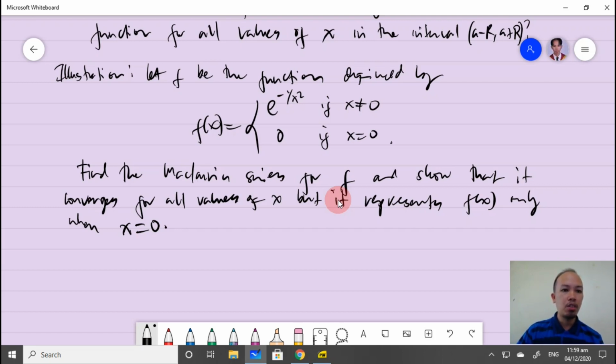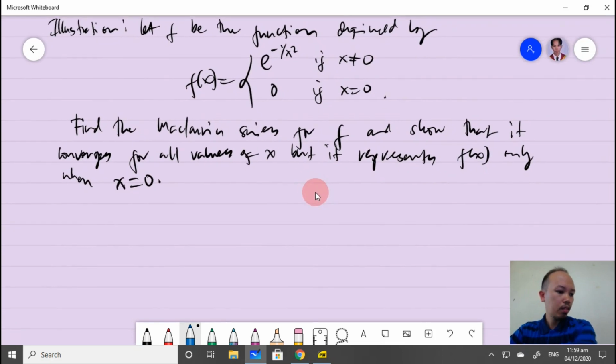So let's try to solve this. First, what shall we do? This is a Maclaurin series, so a is equal to 0. Of course f of 0 is 0, because based on the definition.